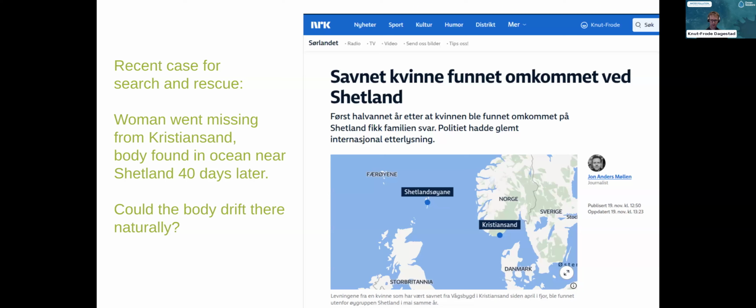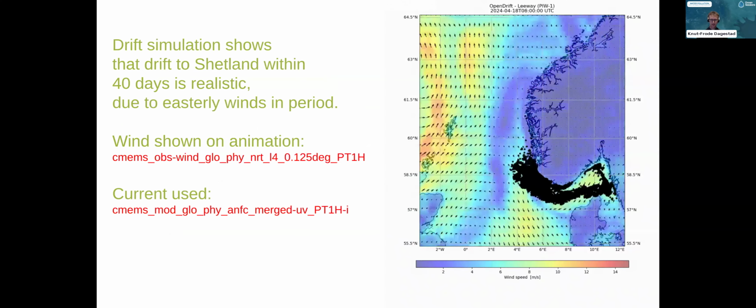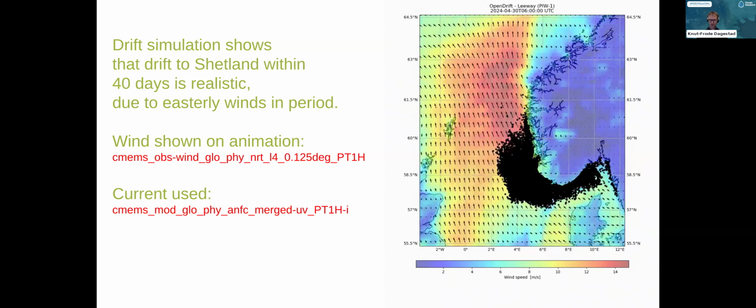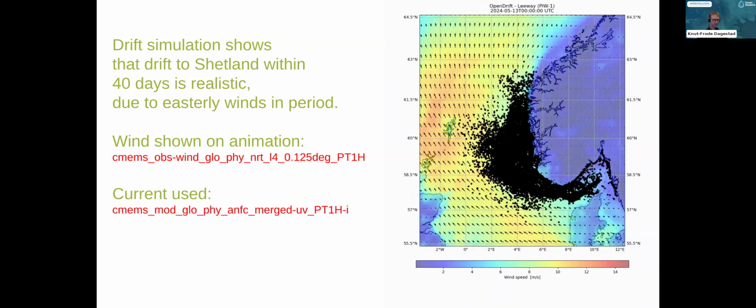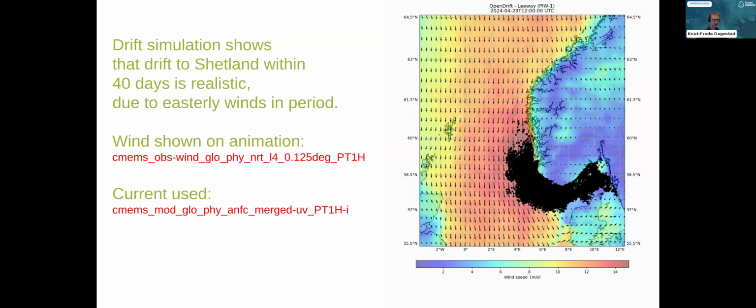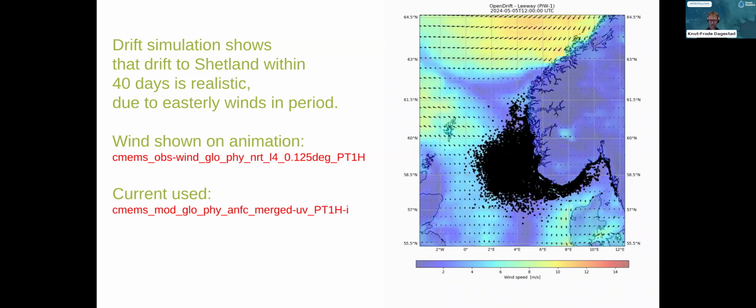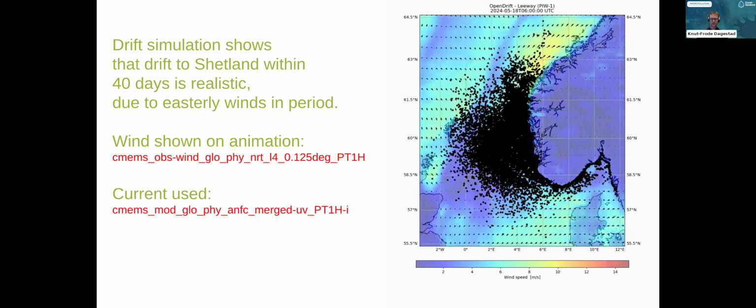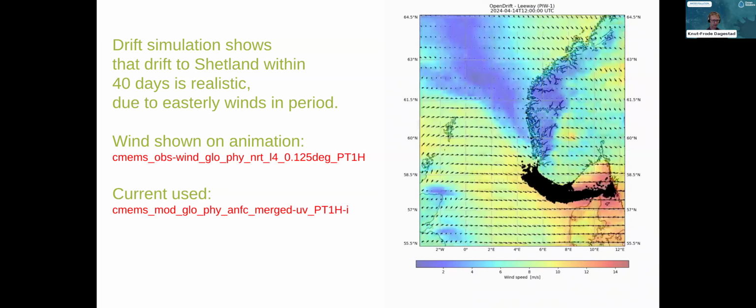So again, we can use the simulation to help solve this criminal case. So again, we made a simulation, and you can see the animation to the right. This animation is for 40 days, and we see that it is actually realistic that the body drifted from where she went missing to where she was found.